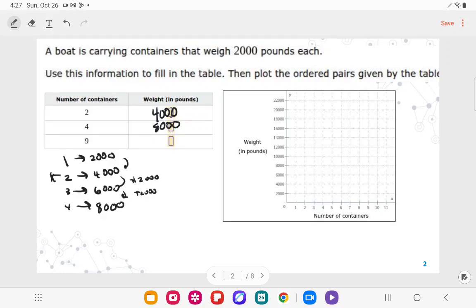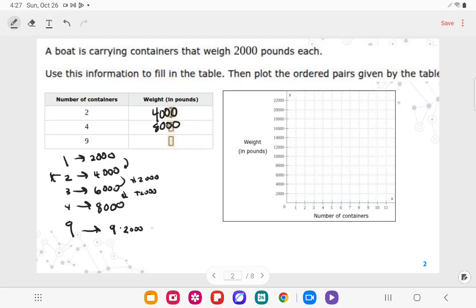Well, I don't always want to have to add 2,000, add 2,000, add 2,000. So we need an additional way of calculating. Notice that each time I'm not only just adding 2,000, but if I look from the input to the output, I'm also multiplying by 2,000. So instead of adding 2,000 repeatedly, I can calculate the weight by multiplying the number of containers by the weight.